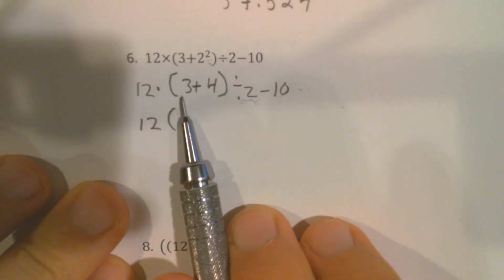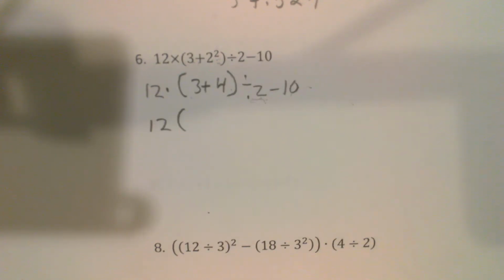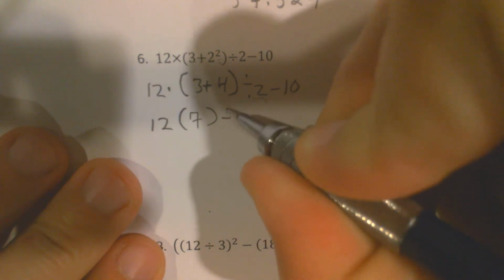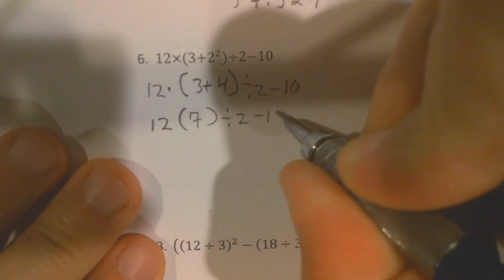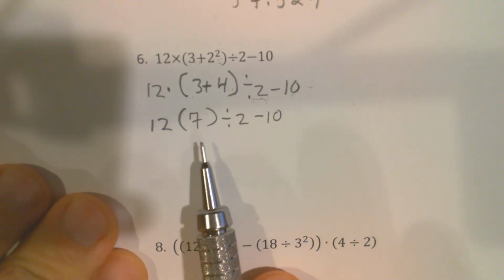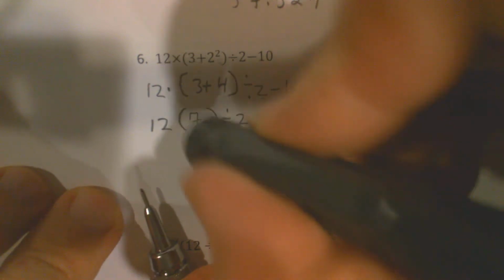Alright, so we have 3 plus 4, which is 7. Okay, so now we can drop the parentheses if we want to.